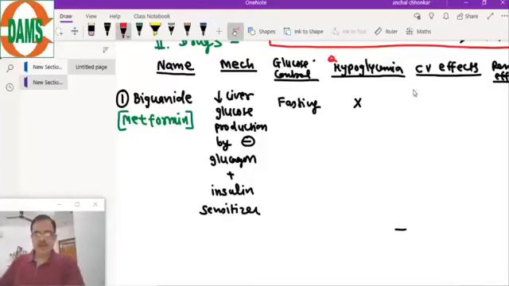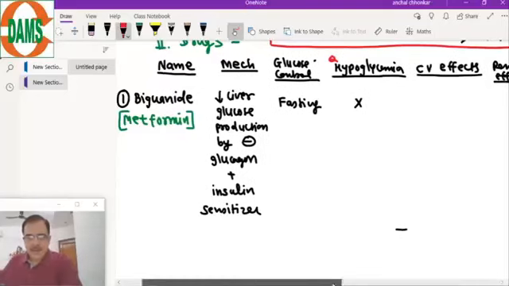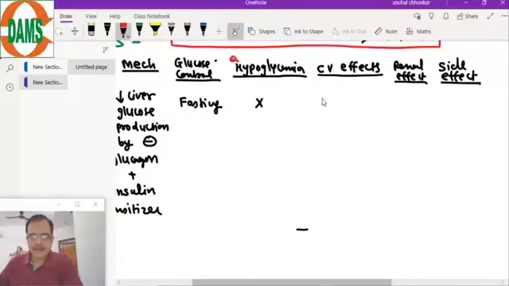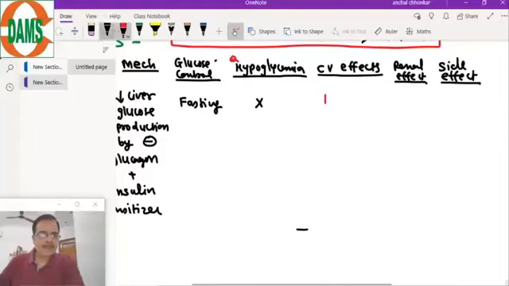Now coming to the cardiovascular benefit. It has been seen that metformin decreases coronary artery disease. That is a potential benefit.